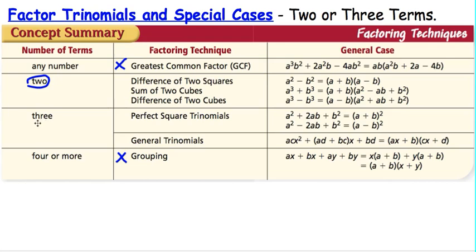And for 3 terms, you don't have to copy down these perfect square trinomials, because we're going to cover these formulas when we talk about how to factor general trinomials, and those are just a special case. So the bulk that you need to write down are these 3 formulas and general trinomials. So pause the video and copy those down.